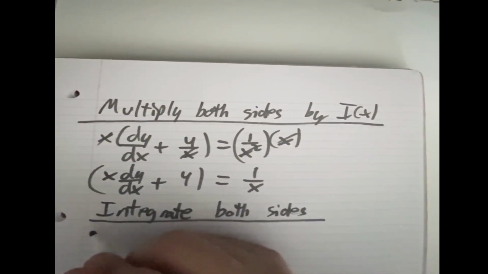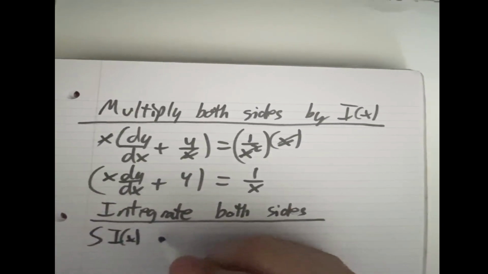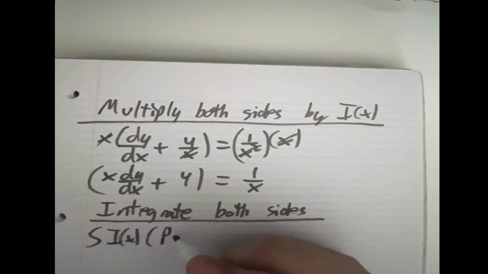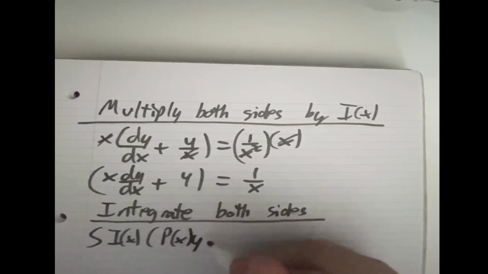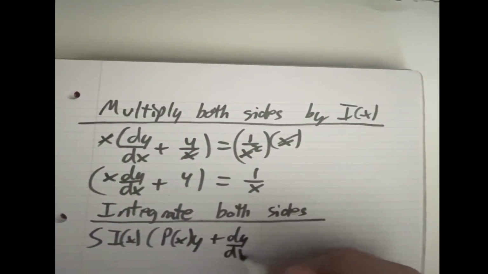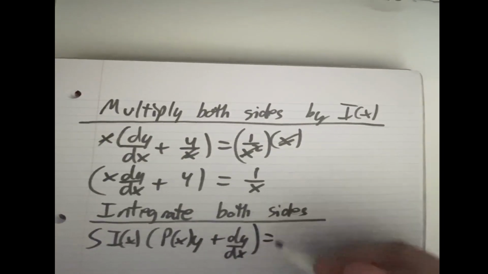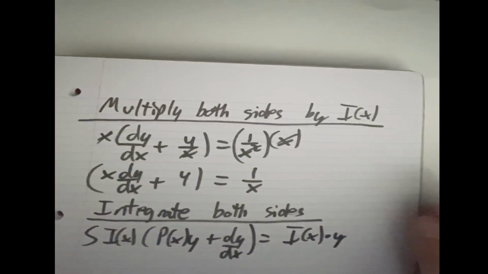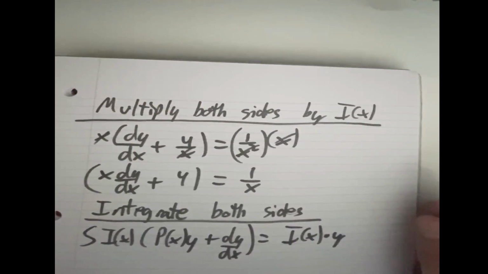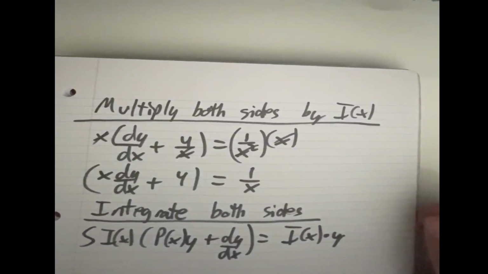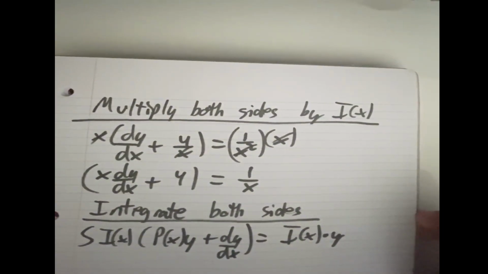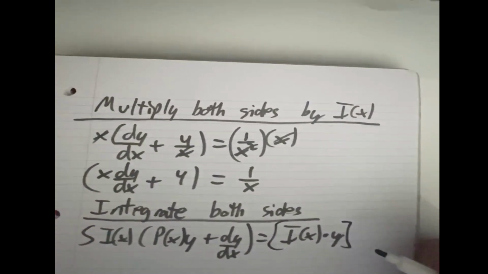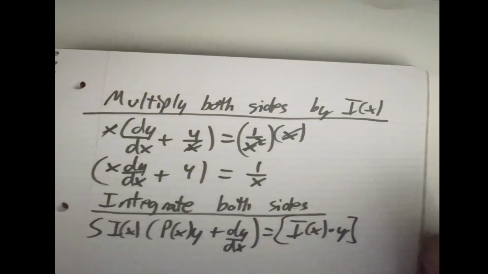Whenever you take the integral of I of x times dy over dx plus P of x times y, that integral will always be equal to the integrating factor times y. So don't worry about going through all the arithmetic of integrating. Just know that the integral of the integrating factor times dy over dx plus P of x times y will always be equal to the integrating factor times y.